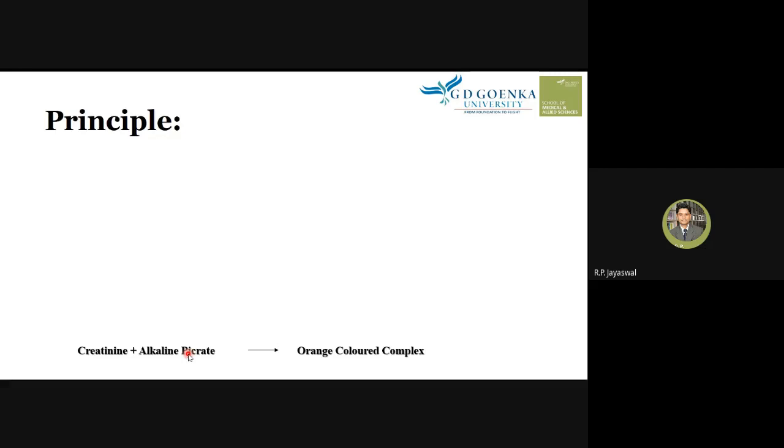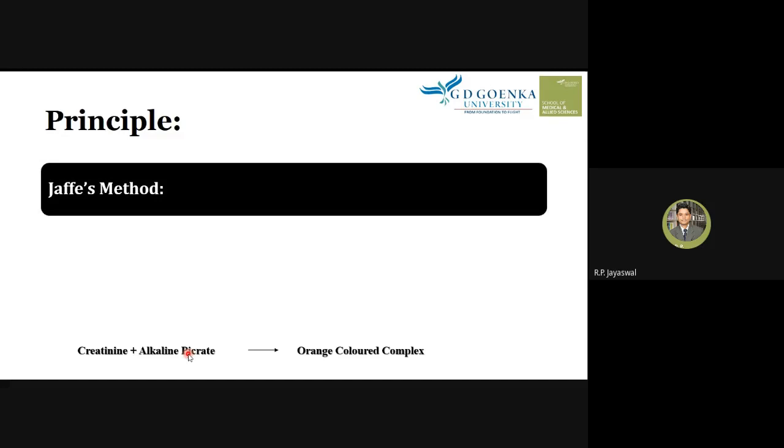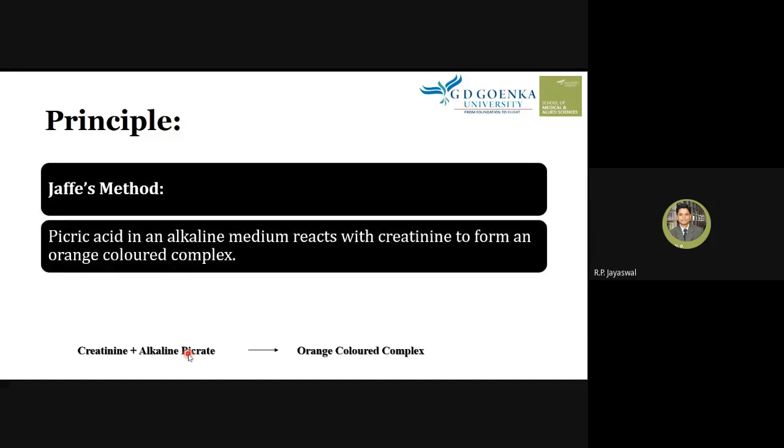Let's know the principle of the test. There are two principles we are going to know. One is the Jaffe method, where picric acid is the reagent. In alkaline medium, it reacts with creatinine and produces an orange colored complex. This is the reaction you can see here: creatinine in the sample plus alkaline picric acid, the reagent, gives an orange color complex.